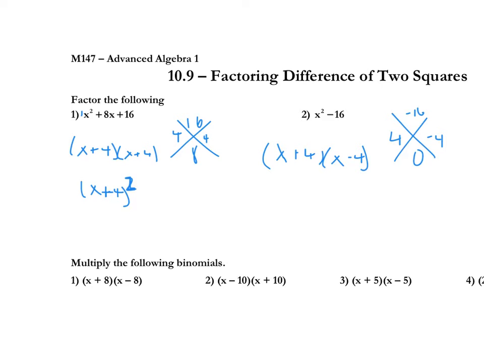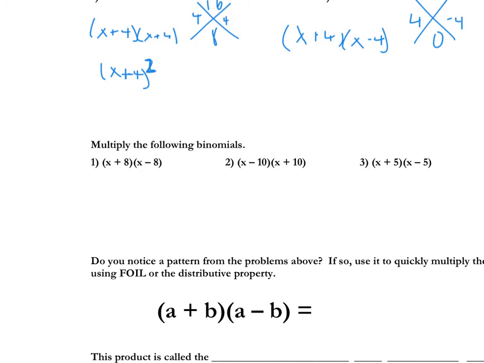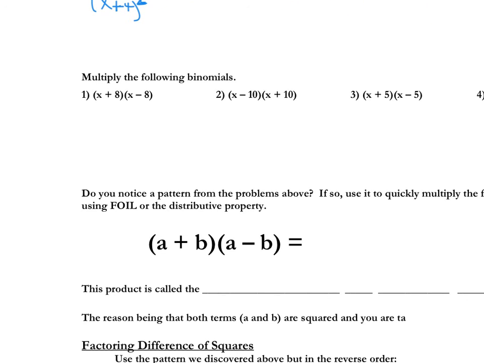If we drop down, remember that factoring is just undoing the distributive property. So if we look at this example, it says multiply the following binomials. So this would be x squared minus 8x plus 8x minus 64.